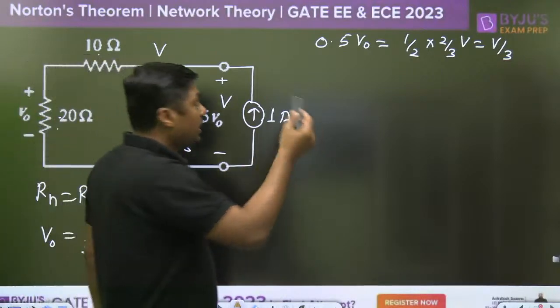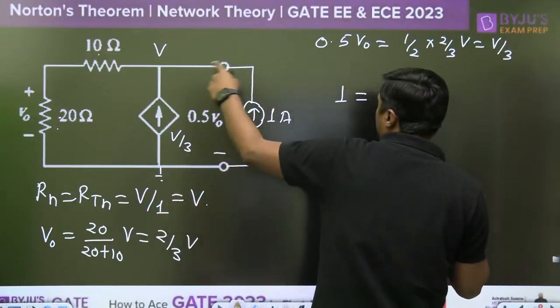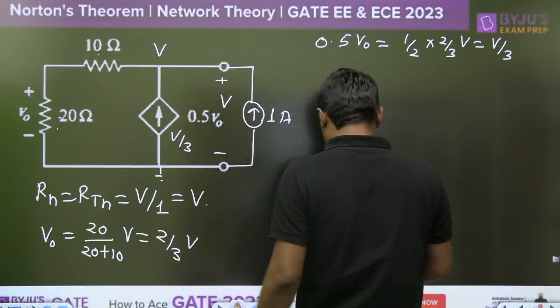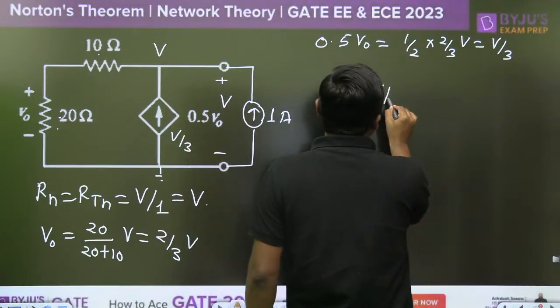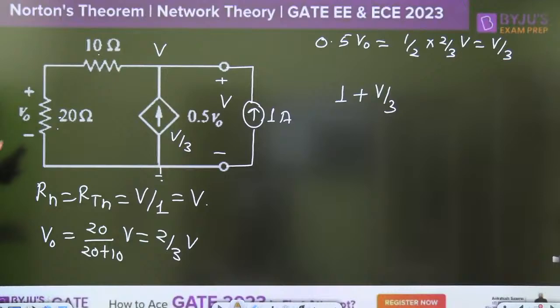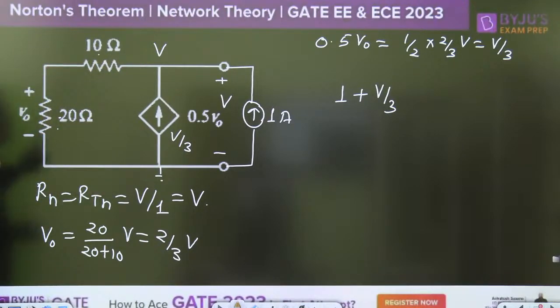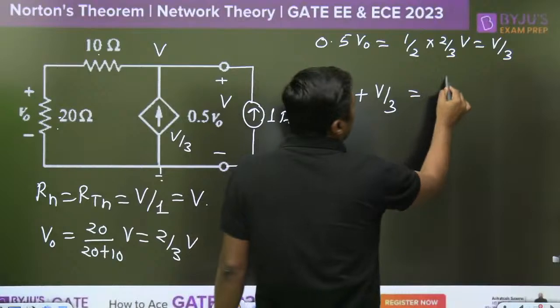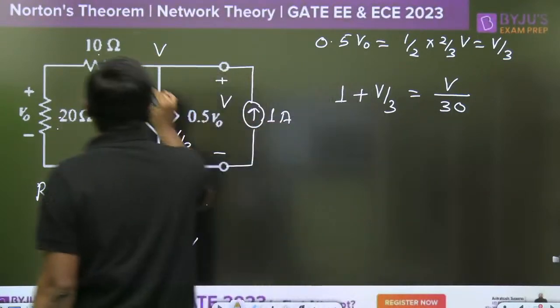What is the incoming current? 1 ampere, plus V by 3. Incoming current 1 ampere plus V by 3 is equal to the outgoing current, V minus 0 by 30, that is V by 30.